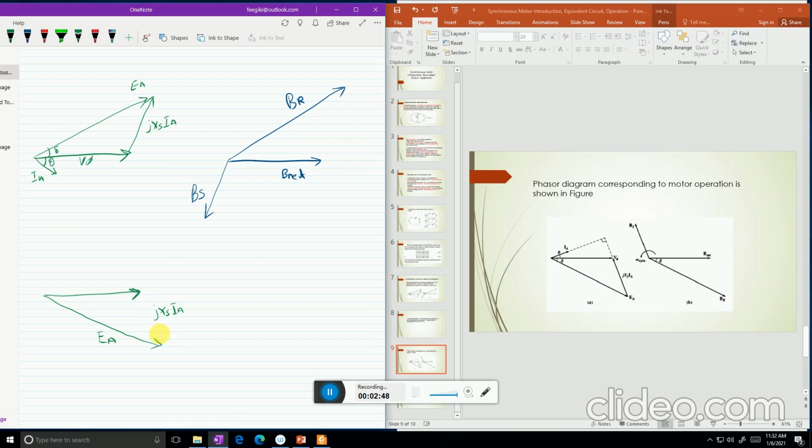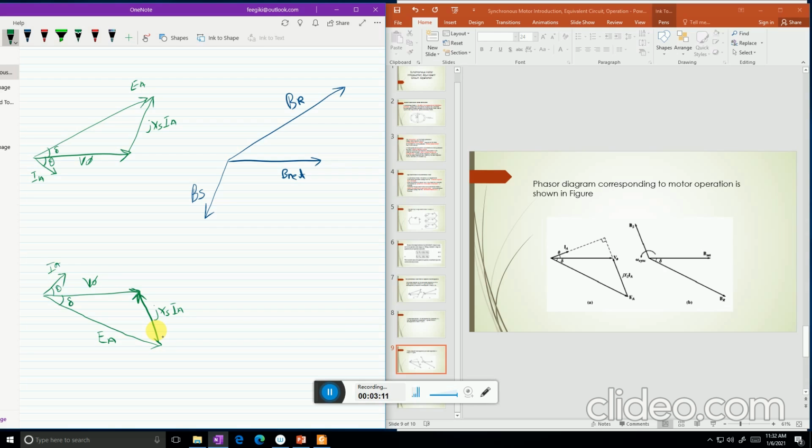But in this, it is given like that. V phase will be the resultant in this case. So that's how the synchronous motor phasor diagram looks like. This is IA, this is theta, this is delta.